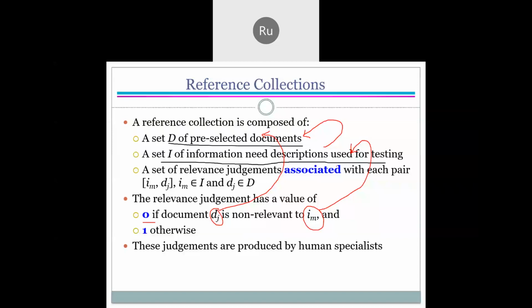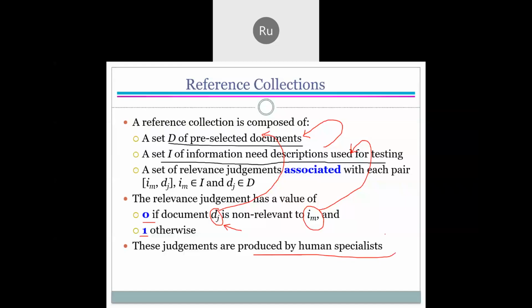And 1 otherwise means the document j has some kind of relevancy with respect to the set I of information that you require. These judgments are produced by human specialists. They are called human specialists because they have a good background on the subject that we are discussing here.